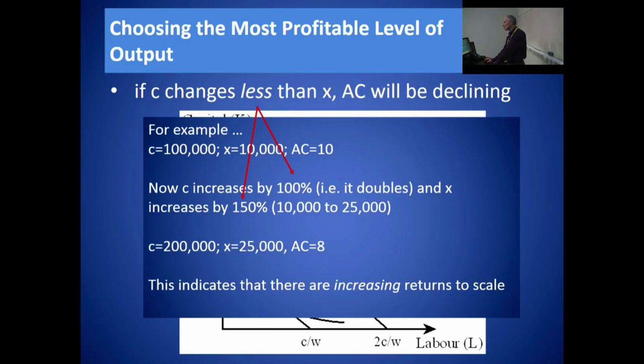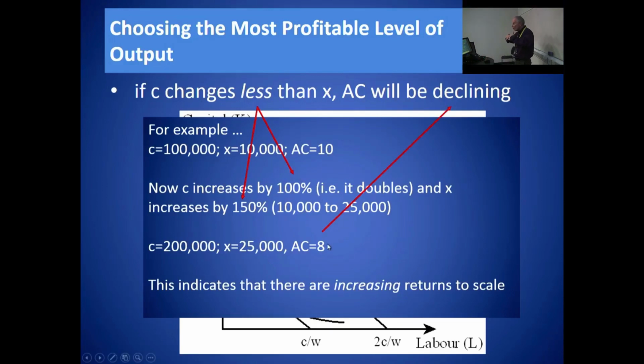And so if we take these new values, costs doubled up to 200,000, output up to 25,000. So if you put it in your calculator, 200,000 divided by 25,000 gives you an average cost of 8. So when C increases by a smaller proportion than output X, average cost will be declining. It goes from 10 to 8.